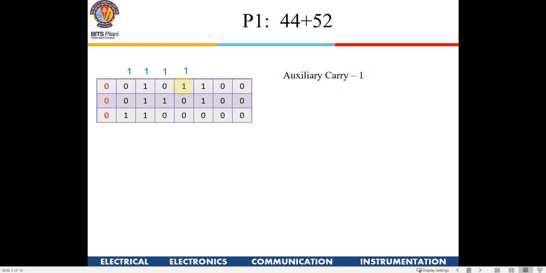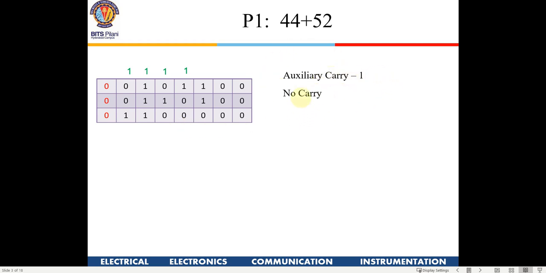If there is no carry from here to here, then there is no auxiliary carry. The importance of this carry is that when we are doing BCD additions, if there is a carry here, it means you have to add another 6, as we learnt in digital systems. That is the importance of auxiliary carry.